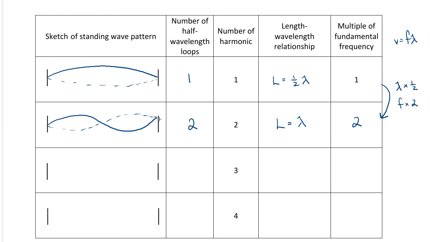So the frequency that we are oscillating with, if you imagine something vibrating here just to set this going, must be twice that as in the initial case. If we continue and we increase the frequency even further, we can get the next pattern. The next pattern has 3/2 wavelength loops and will look like this. We call this the third harmonic, and here the length is equal to 1.5 wavelengths.